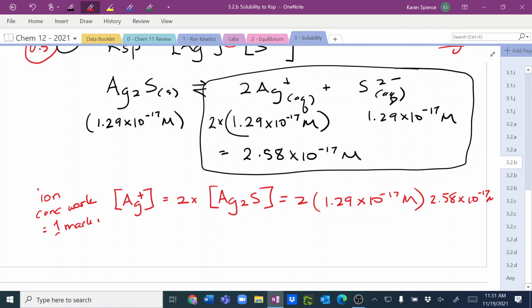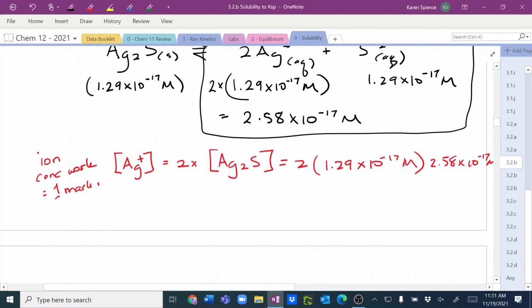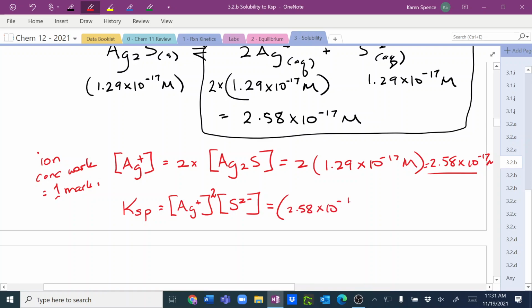And then finally, all we're going to do is take our values and plug them into KSP. I'm rewriting things here way more than you would need to. Ag plus times S2 minus. Don't forget to square that. And we get silver is 2.58 times 10 to the negative 17, and sulfide is 1.29 times 10 to the negative 17.